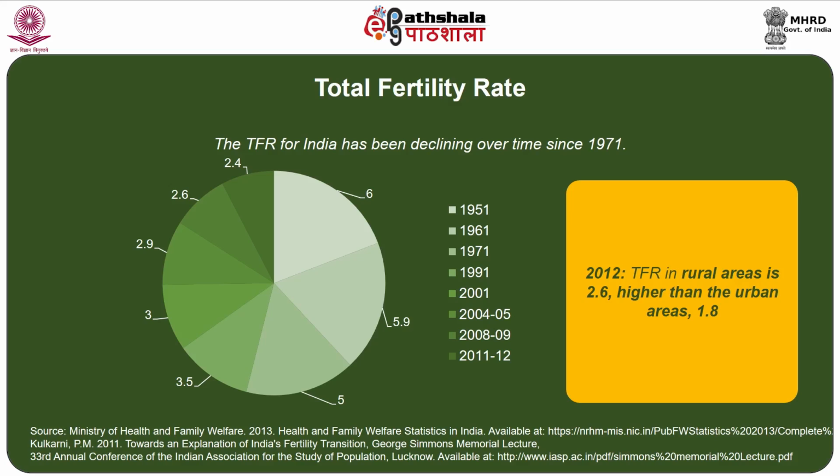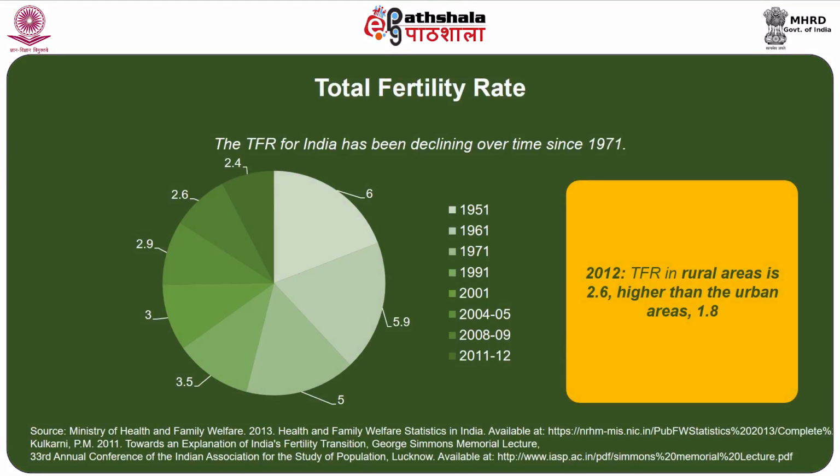Furthermore, it is expected to come down further to 2.4 during 2011 to 2012, and it is a clear indication that the total fertility rate started declining, which is one of the important achievements that reflects the family planning program and also people's awareness and recognition to adopt a small family size.